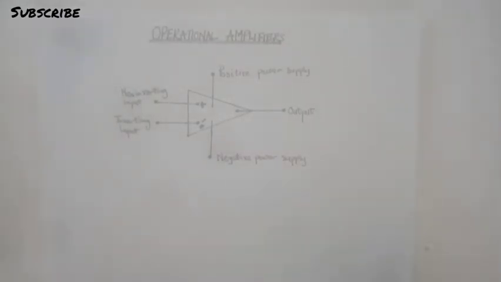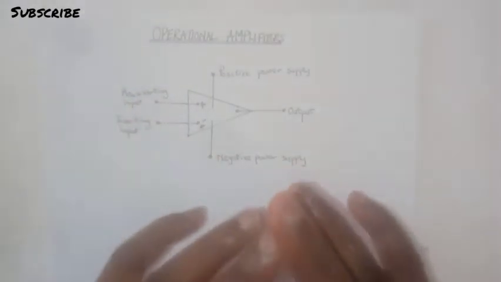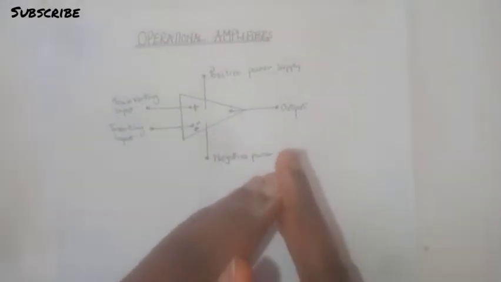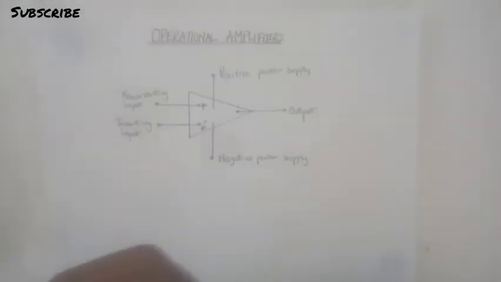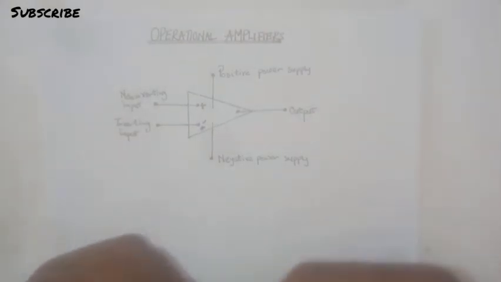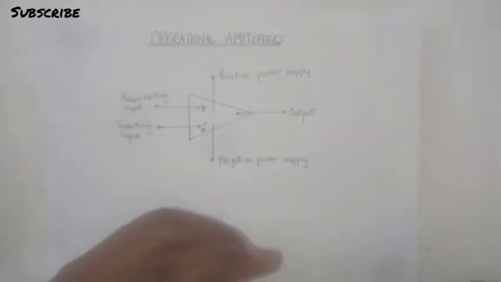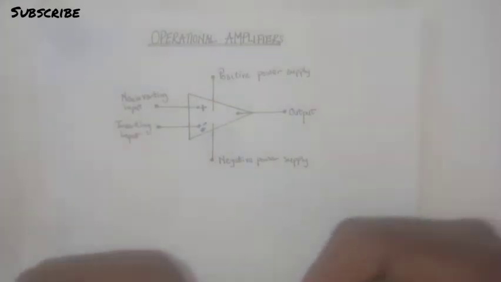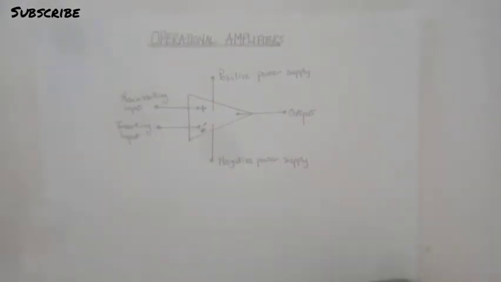And the first question we want to ask is, what is an operational amplifier? Basically, an operational amplifier is a voltage controlled voltage dependent source. It can also be used as a voltage or current controlled current dependent source.